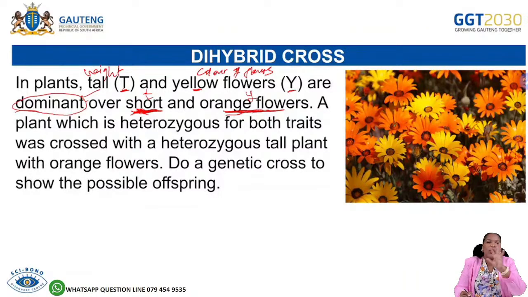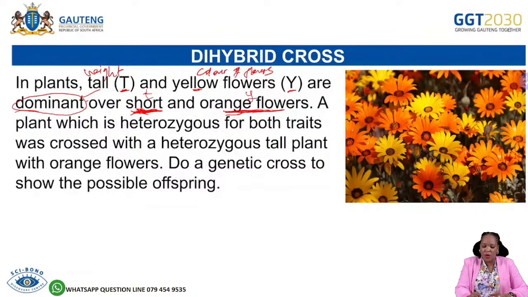You will not know which one is heterozygous, which one is homozygous. You work with the same letter for one trait, one allele. Then that allele, whether you use the uppercase or lowercase, will be determined by the dominant or recessive state of that particular allele.